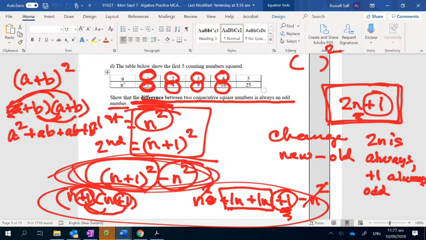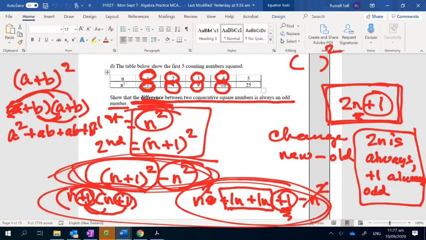Right? They're wanting to see that you can combine like terms. And then they want to see that you can use logic. Those are the three things they're looking for. If you memorize the pattern here for squared numbers, they could care less if you have to derive that pattern. It makes no difference.